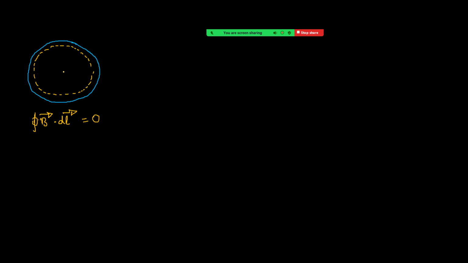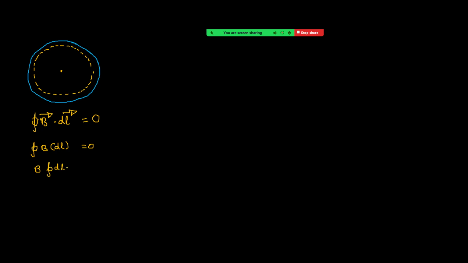And by symmetry, we can guess that at each and every point, the modulus of B should be the same. So the closed integral of B dl cos of the angle is equal to 0. I take B outside, and the remaining is the integration of dl.